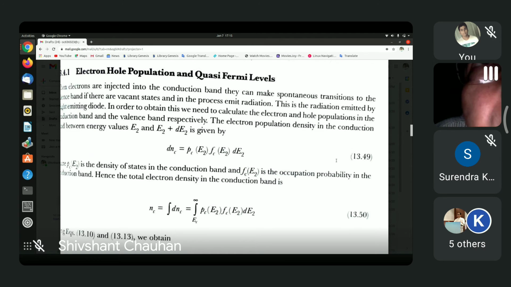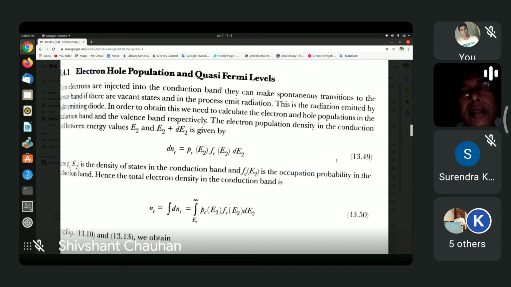If the quasi-Fermi level in the conduction band has an energy EFC, and the quasi-Fermi level in the valence band has energy EFV, then provided the difference of EFC and EFV is more than E2 minus E1, E2 is the energy of the electron before it jumps, E1 is the energy of the electron after it jumps, then lasing action takes place. So you have to relate the concentration of electrons with the location of the Fermi level. How to calculate that is given in these equations.